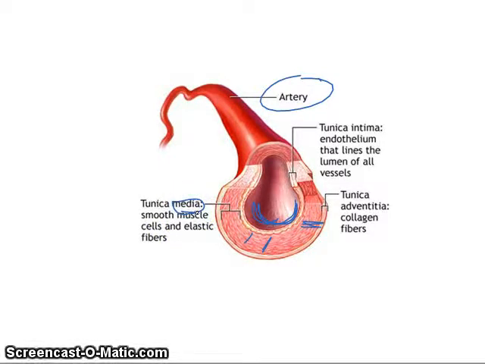Then the outer layer of a blood vessel is called the adventitia. And the space inside a blood vessel is called the lumen. So blood, as it travels through a blood vessel, is in direct contact with the intima, which is the inner layer of a blood vessel.